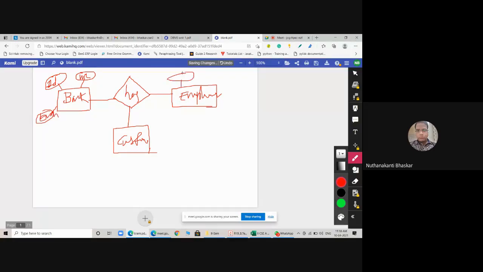Now employee ID. Please, everyone note down the examples. Employee name. Like this only you need to write. Don't write only entities, you need to write attributes. Then only you can understand database design. And employee designation and employee salary, etc.